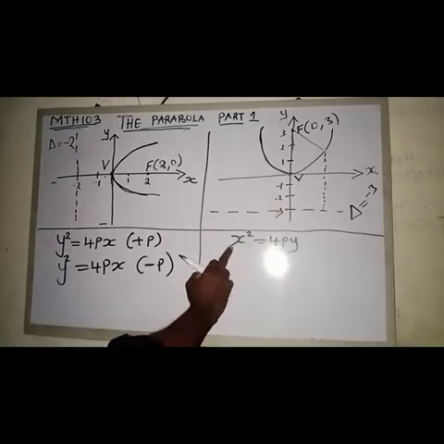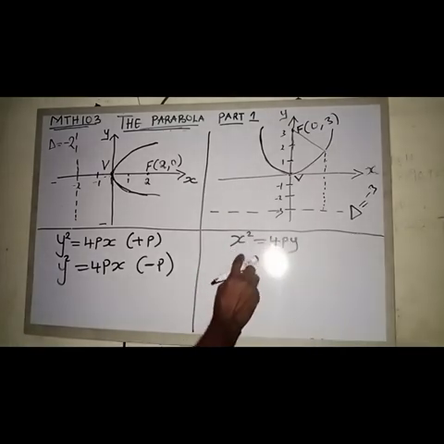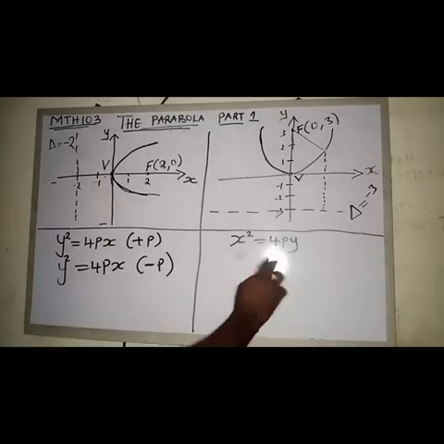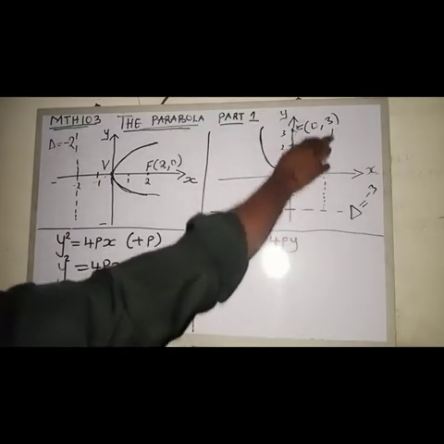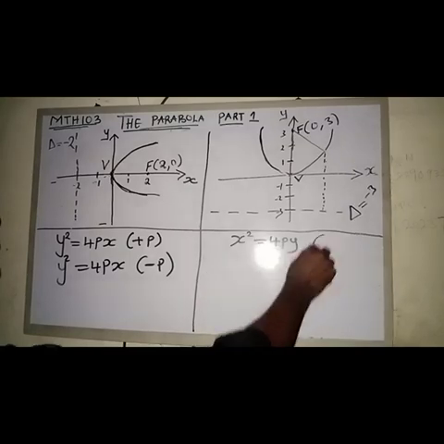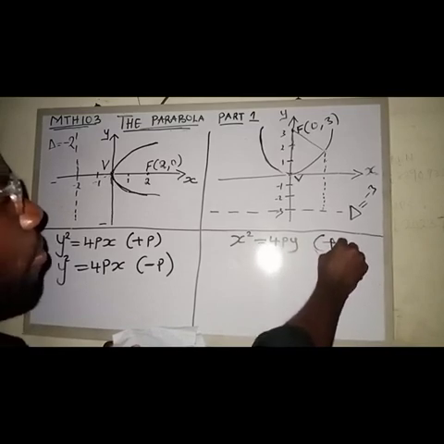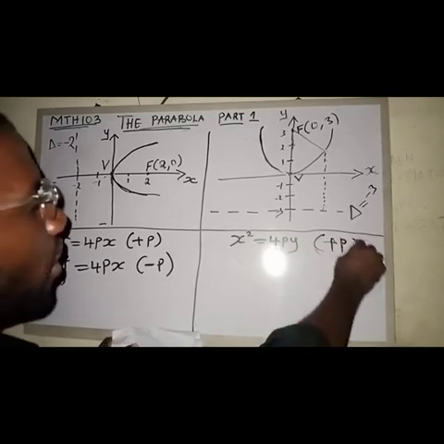Now look at this again. When we have our equation as x squared is equal to 4py, it means now that our curve will open on the y-axis. And in this situation, the p is positive p.